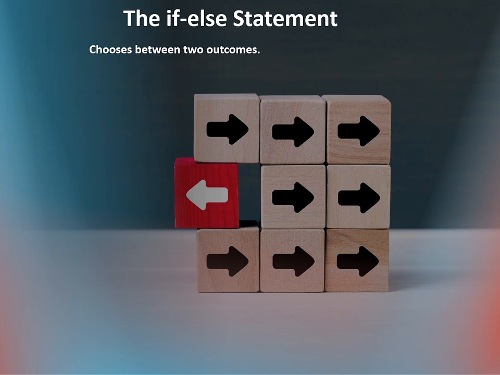So like you are giving somebody two conditions. So this if-else can decide the outcome between two options. So when one condition is true, you do one thing. Otherwise, you do another thing.